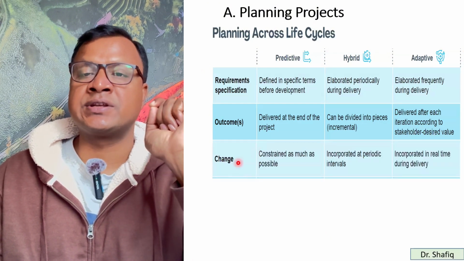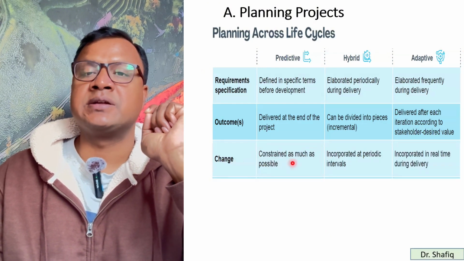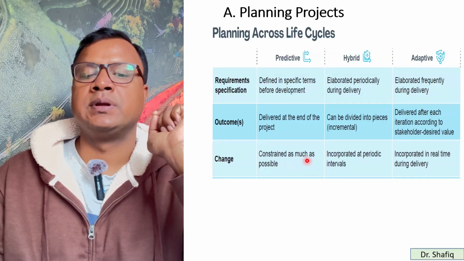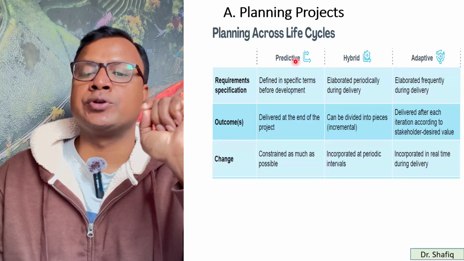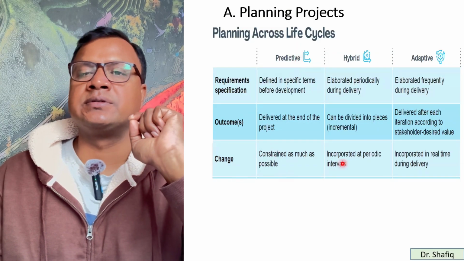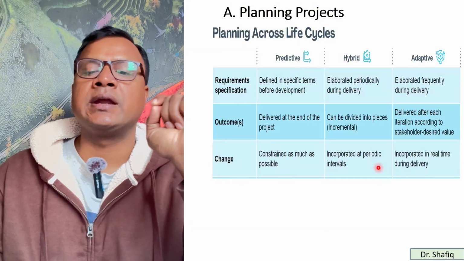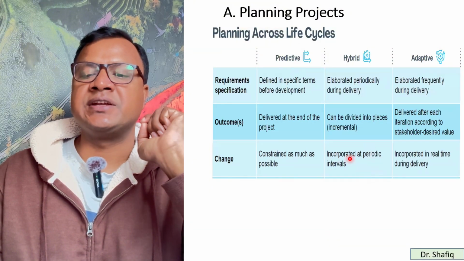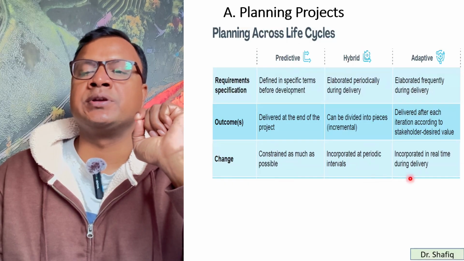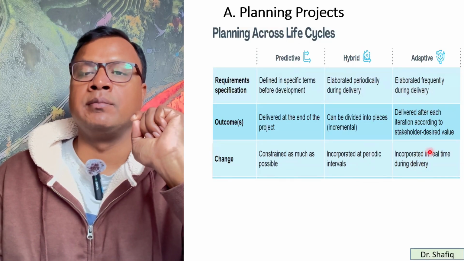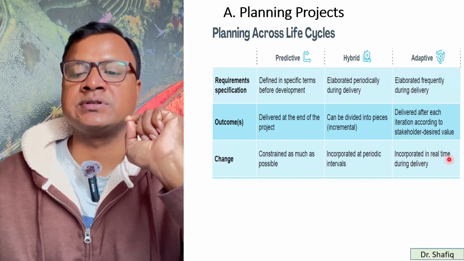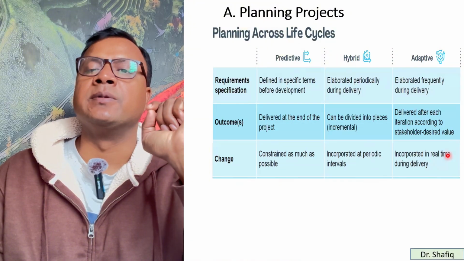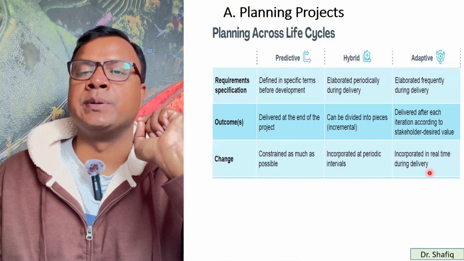And then if the changes are very constrained, very limited, as much as possible, then it's predictive. If the changes can be incorporated at periodic intervals, then it is hybrid. But if the changes can be incorporated in real time, anytime, anywhere, in any process, this is called during delivery. So it is adaptive.